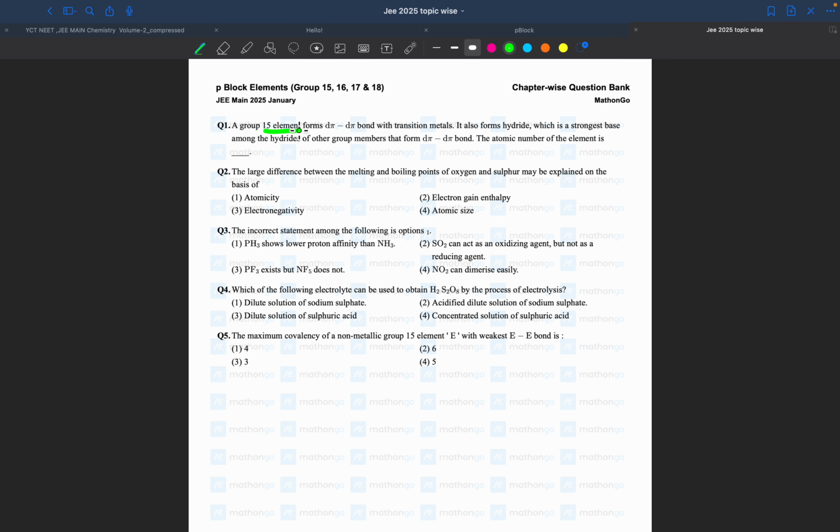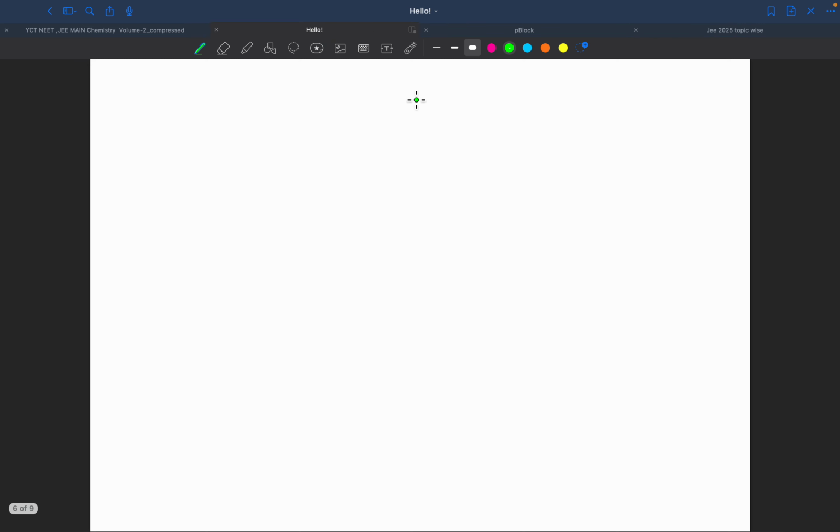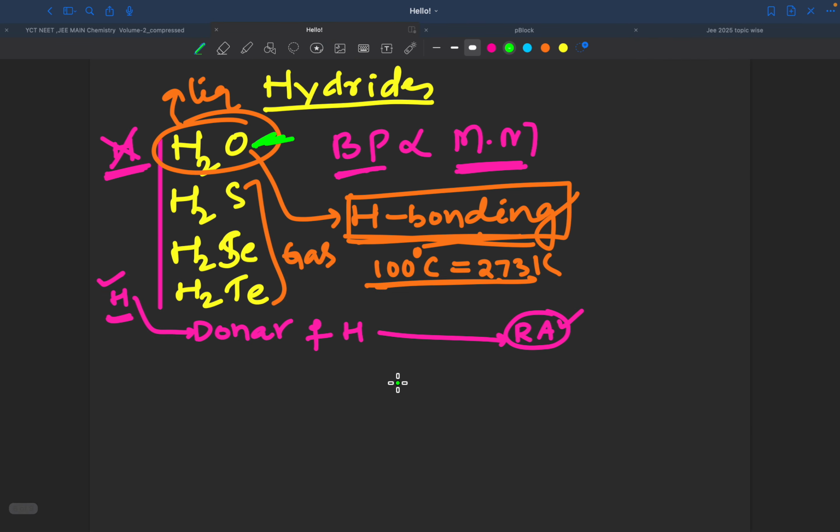One is about 15th group elements, large difference between melting point, PH3 shows the electronegativity of H2S. Yeah, these questions were not there, right? Okay, so this is about hydrides.